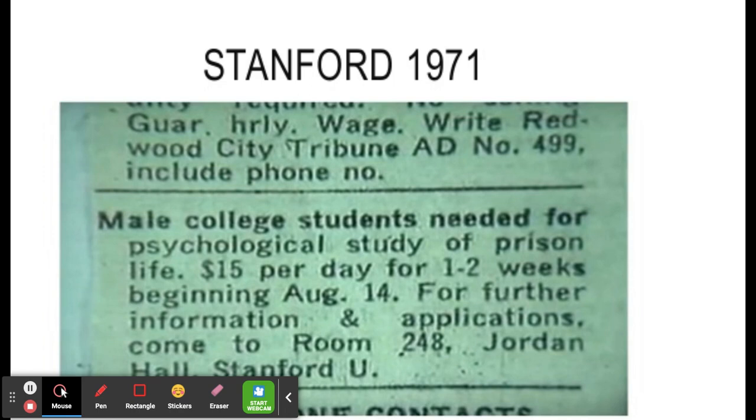Now, the reason why this was so significant is because of this little screenshot, I guess you could call it, taken. So they were using people as guinea pigs to be able to give them the results that they needed. So they took male college students, as it says here, and put them in prison, $15 per day, for 1 to 2 weeks, and see how they would react.